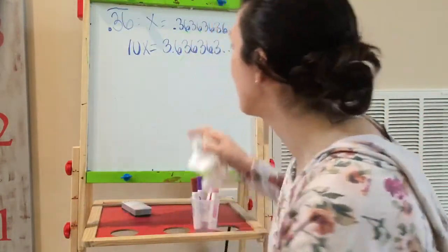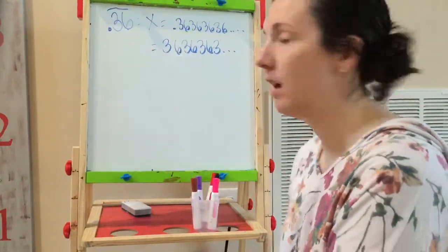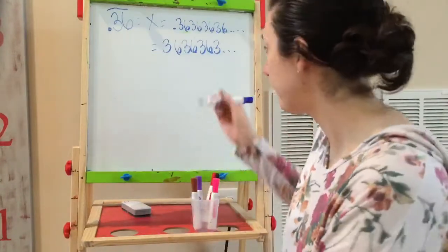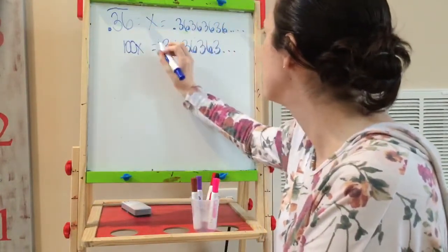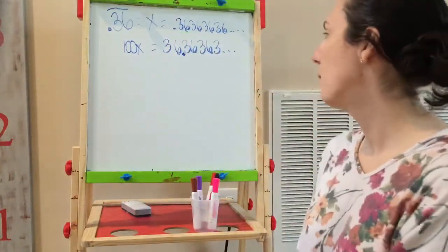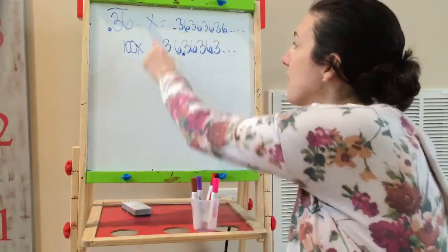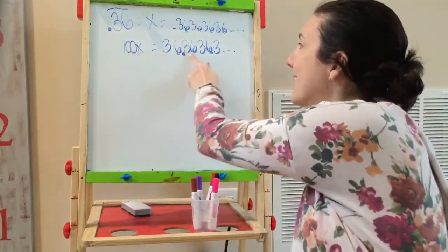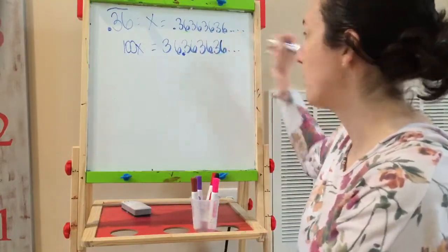So I'm not going to multiply by 10. I would need to multiply 10 by 10, and 10 times 10 is 100. So we're going to pretend that 100x equals 36.363636, and so on. So now if you look, x and 100x have the exact same thing after the decimal.